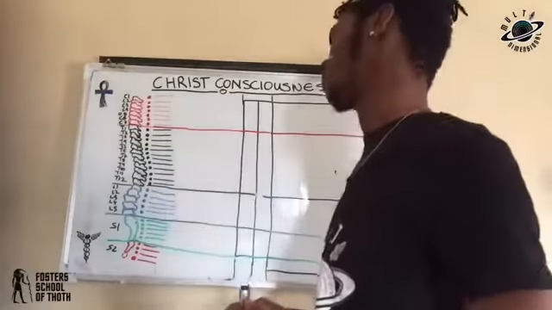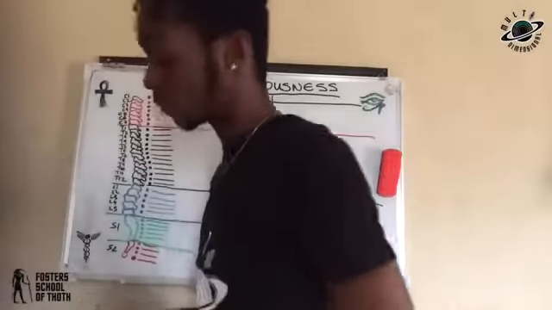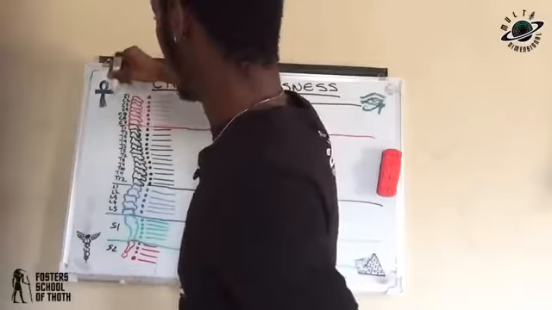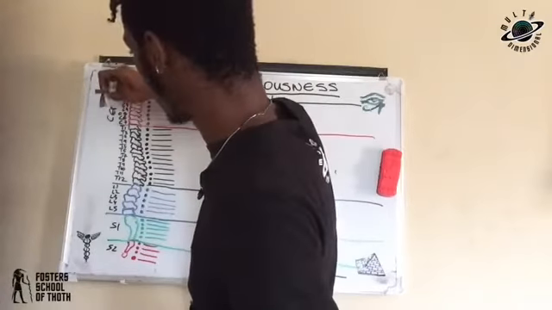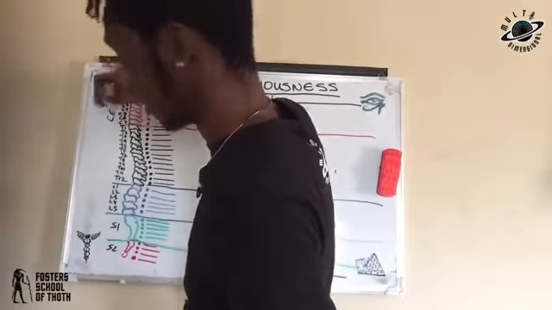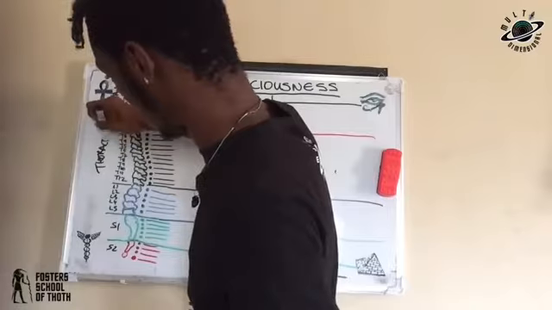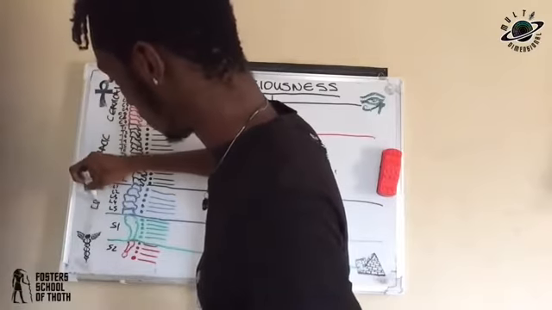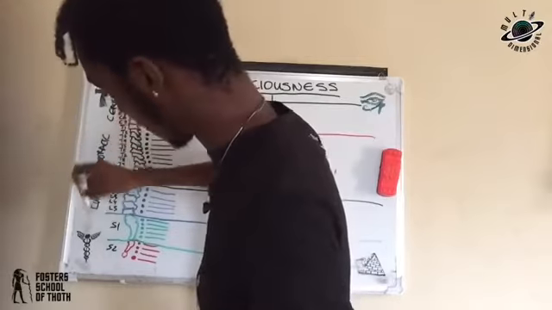We have 33 vertebrae along your spine, and respectively, this is the cervical vertebrae, this here is the thoracic, this here is the lumbar, and down here is the sacrum.